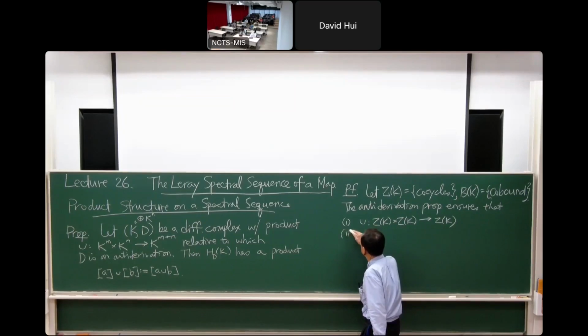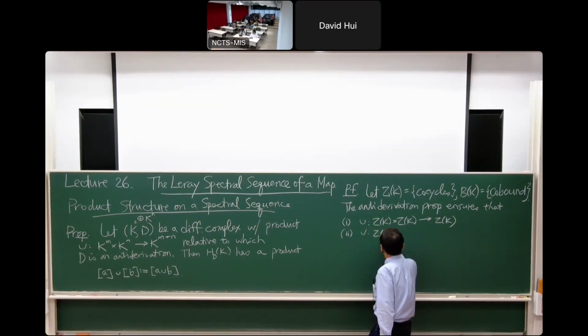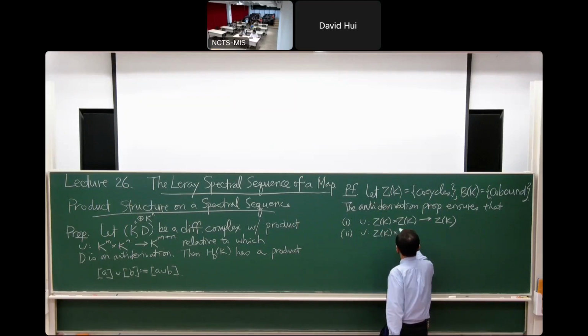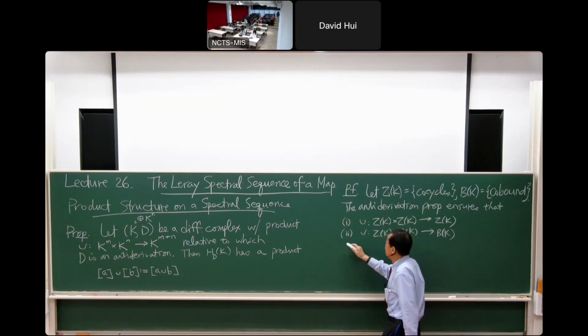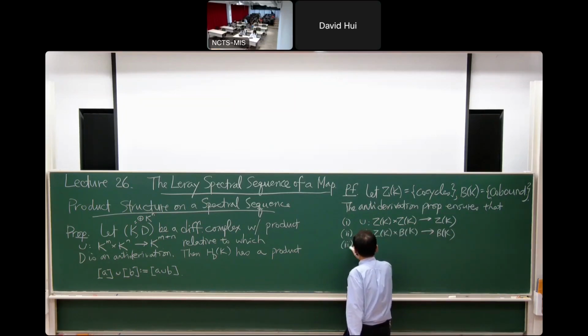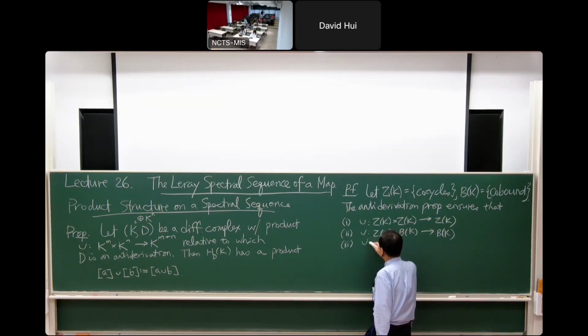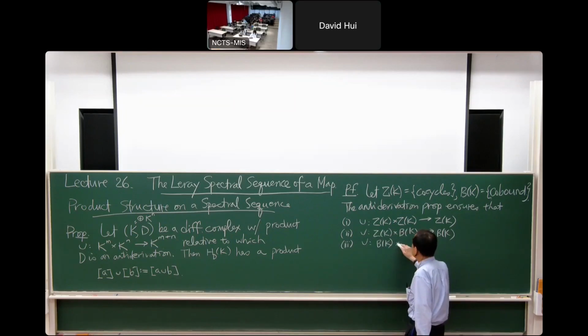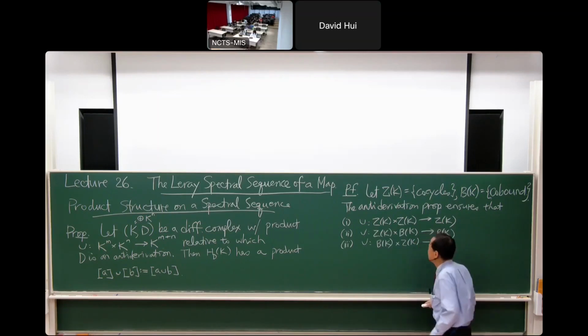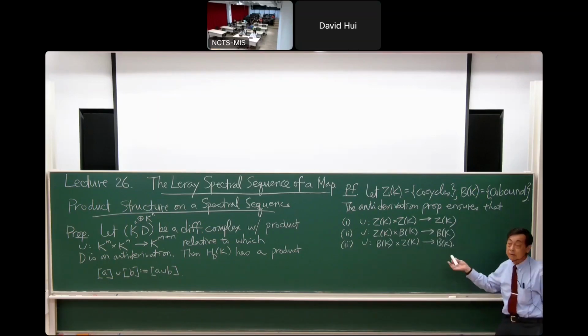And a cocycle cupped with a coboundary is a coboundary. The other way is true too. So a coboundary times a cocycle is also a coboundary. Okay, so this is easy to show.